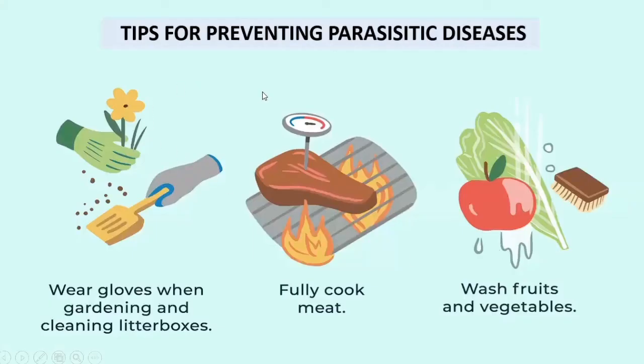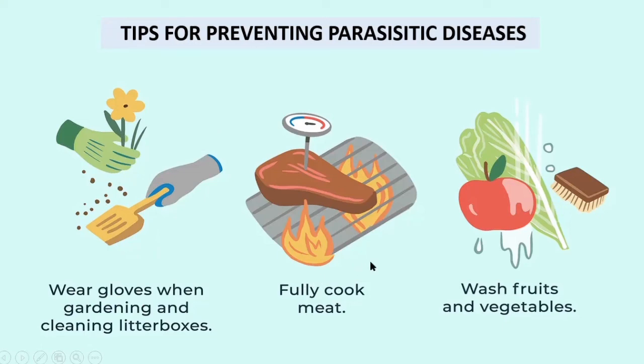Tips for preventing parasitic disease. Wear gloves when gardening and cleaning litter boxes. We should always wear gloves so that the parasite won't penetrate into our skin. Next is fully cooked meat.